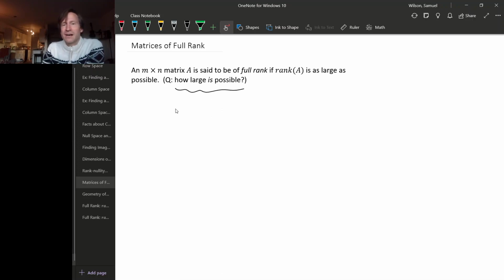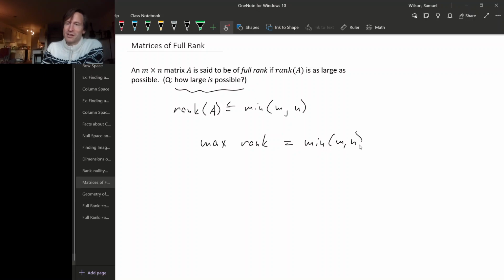Remember that the rank of a matrix is the number of pivots in the reduced row echelon form of that matrix, but you can only have as many pivots as rows, but also only as many as columns, and that means that the rank of a matrix can't be any bigger than the minimum of the number of rows or the number of columns, and that means that the maximum rank is the minimum of those two, the number of rows and the number of columns.